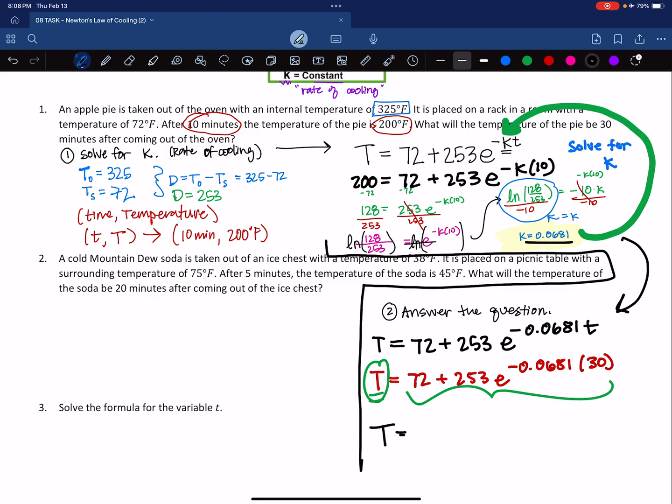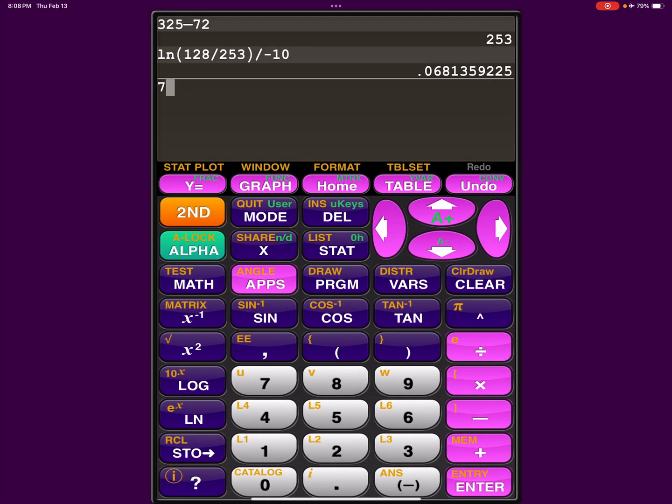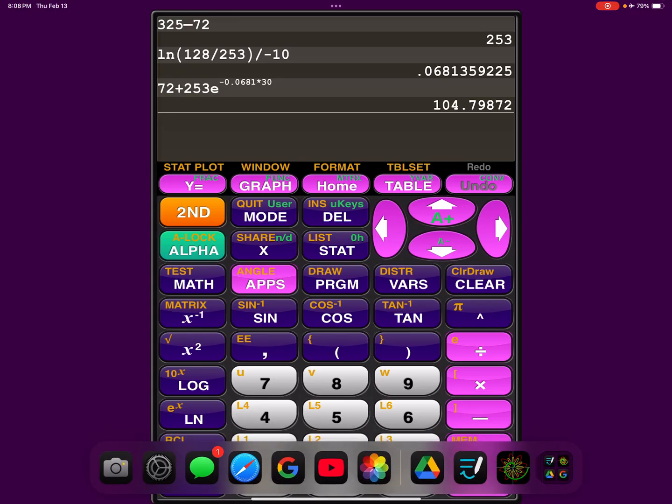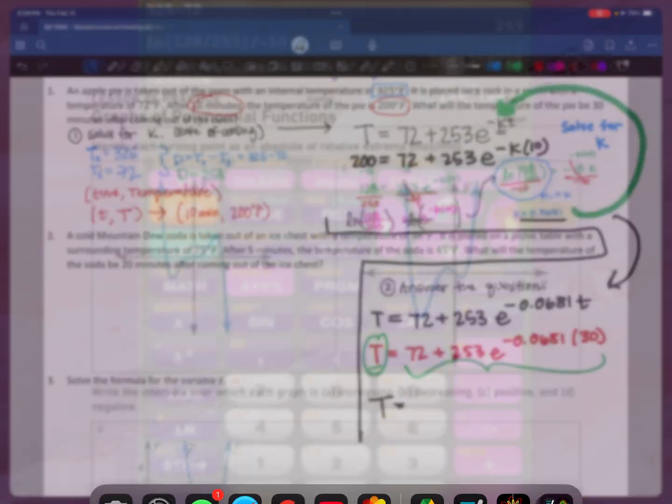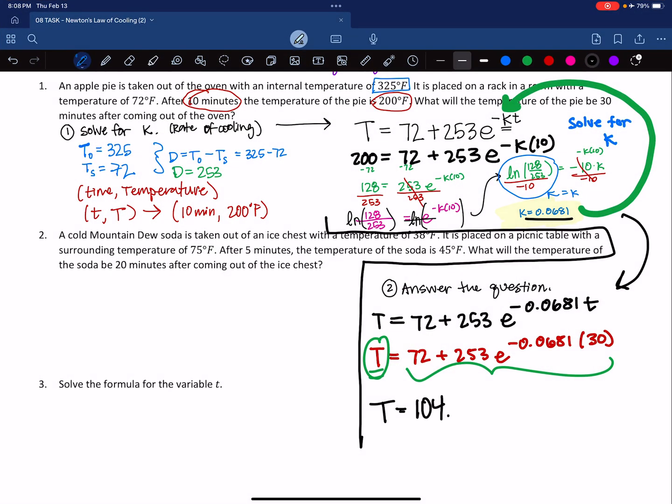All right, let's do it. We've got 72 plus 253e to the negative 0.0681 times 30. All right, so 104.8 degrees Fahrenheit.